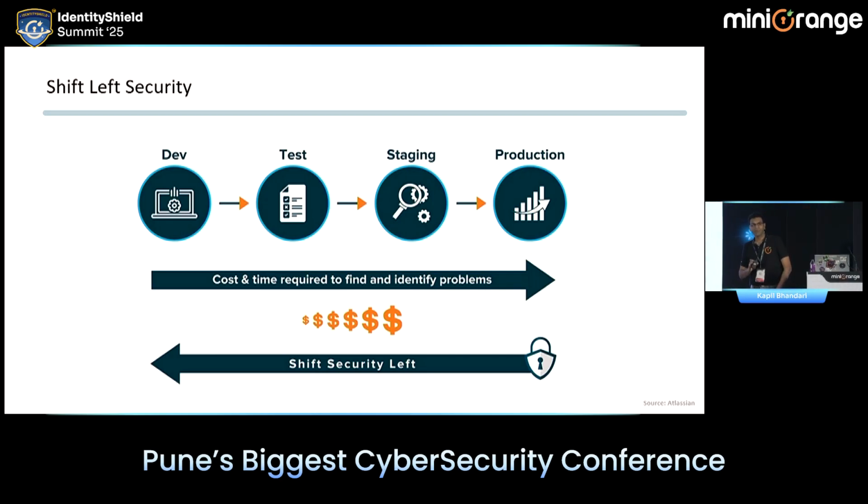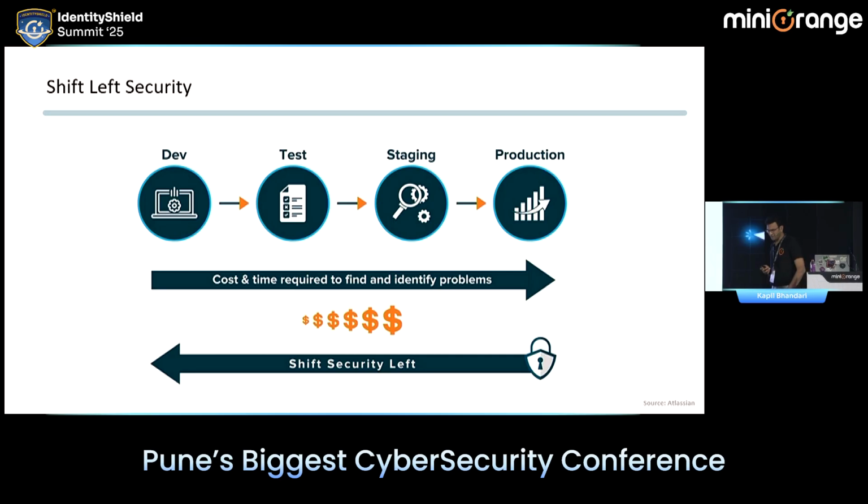So that's the average. I will also share the actual figure from my last organization, what was the cost involved when we fixed the defect or issue in the production environment later, when we discuss the case study, right?